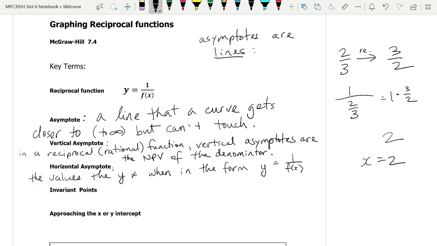So asymptotes are lines. So a horizontal asymptote is always going to be y equals some number. And a vertical asymptote is always going to be x equals some number. If I ask you for a horizontal or vertical asymptote and you just give me a number, you don't give me x equals or y equals, that's going to cost you half a mark.